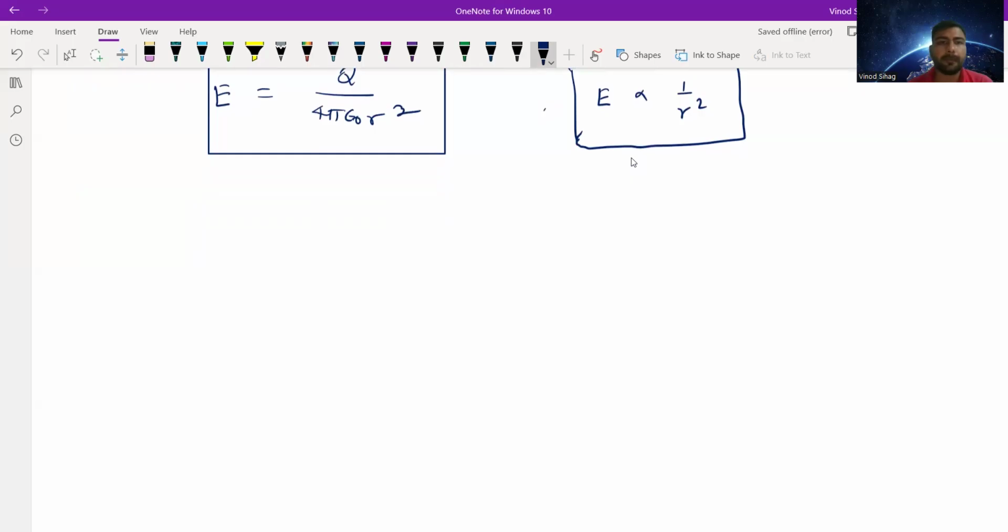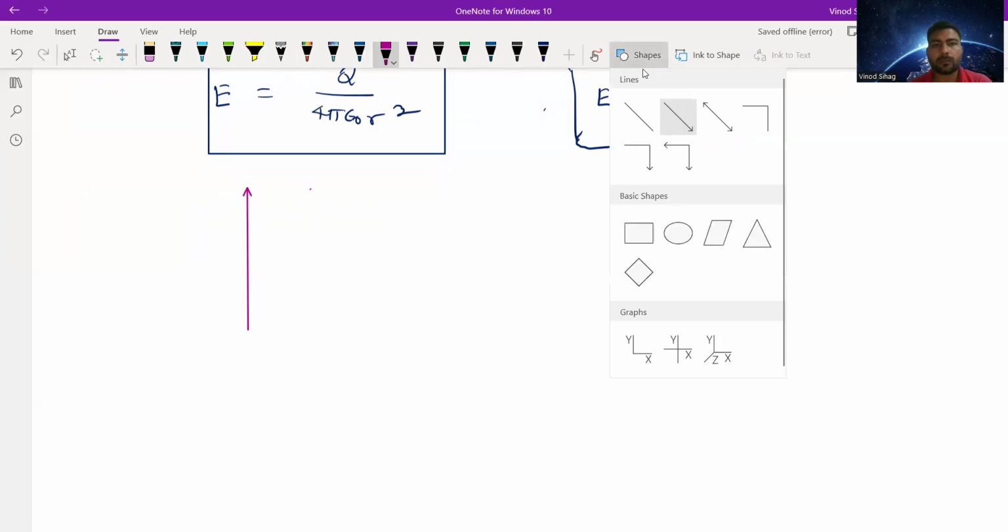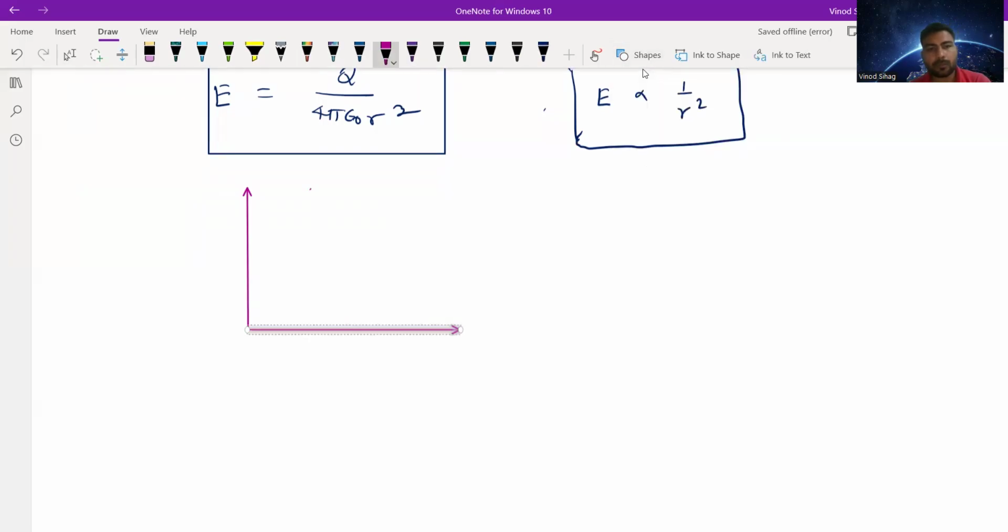And the graph for this portion, where r is greater than R, will give us the electric field such as this kind of graph you will get.